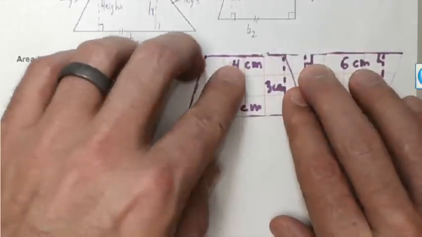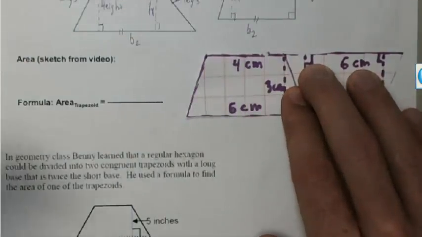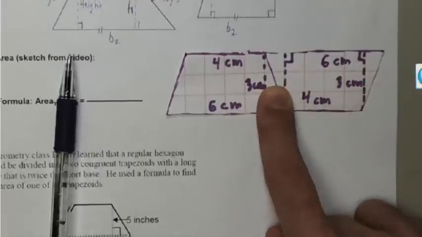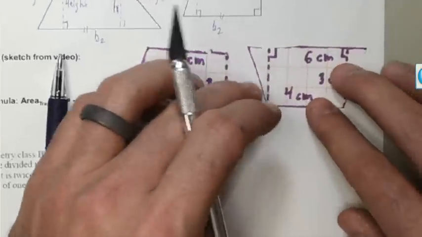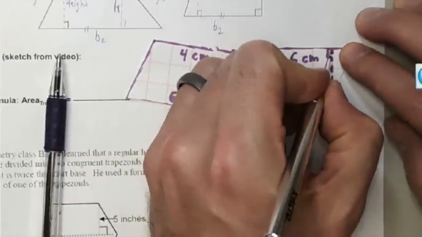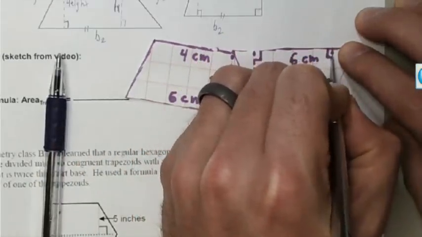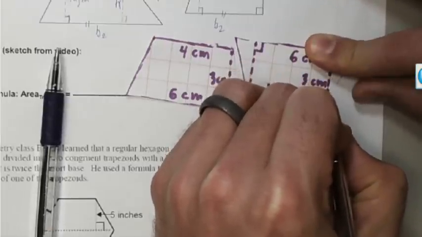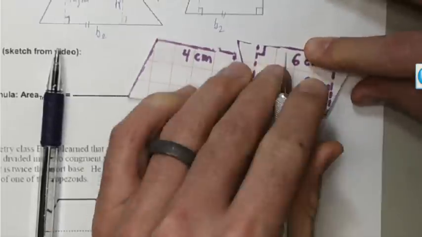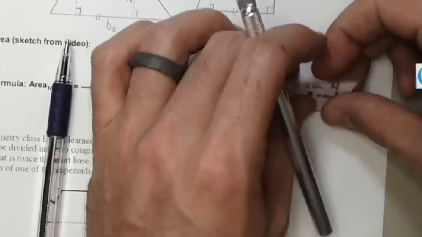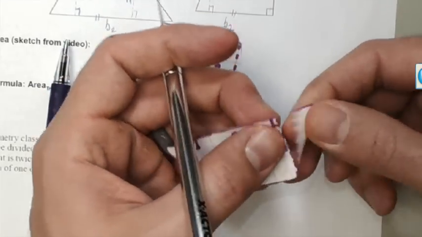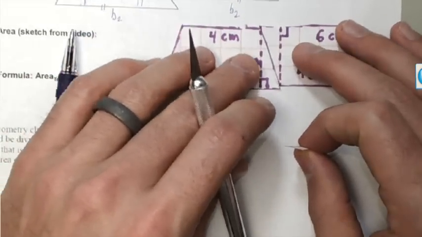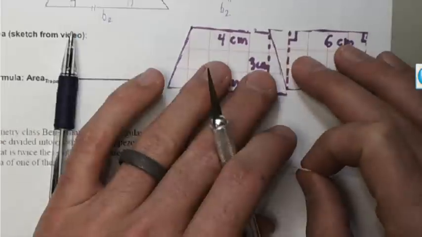Now if I then cut off this edge like we did on the parallelogram, let's see. There we are. And let's see if I can get this to come off. There we go. Okay. So I've got something like this.